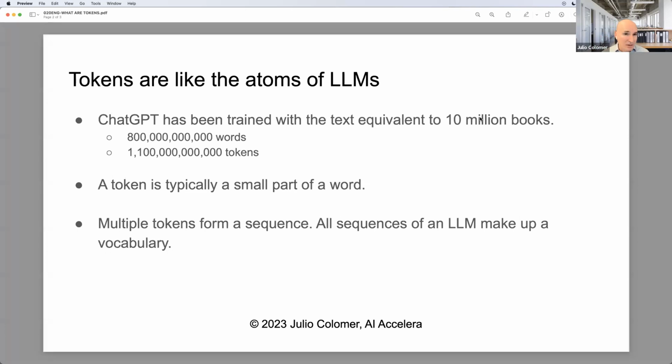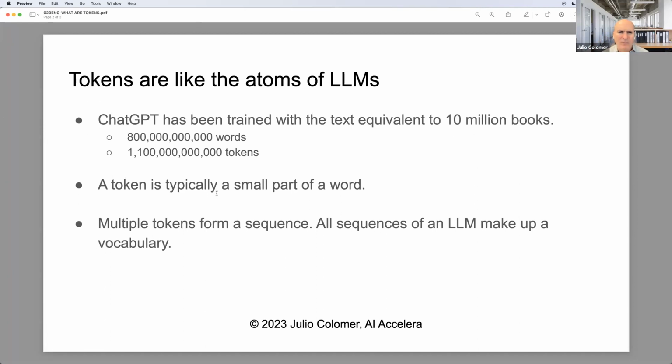That's why it is important for you to understand what a token is and what it has to do with the context window. Because as you know, LLM applications are a way to overcome the limitations of the context window. So the token is the unit we are going to use to understand all these different things.